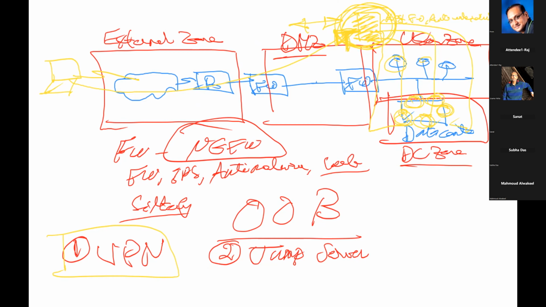The VPN, because if you are connected to VPN, then this means that you are a member of the internal network, or the jump server, which is considered for the administration or remote administration of internal resources.